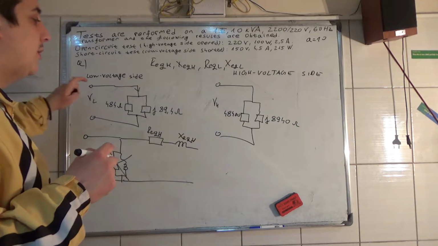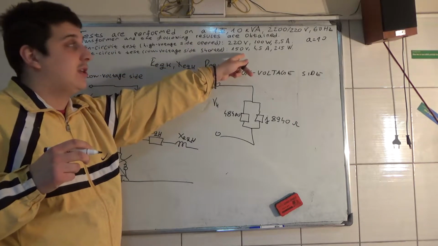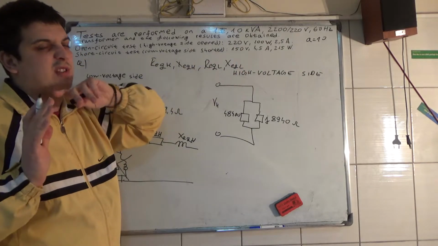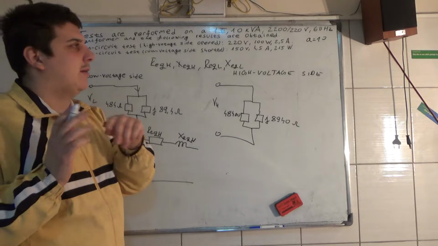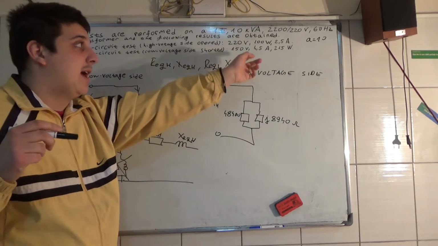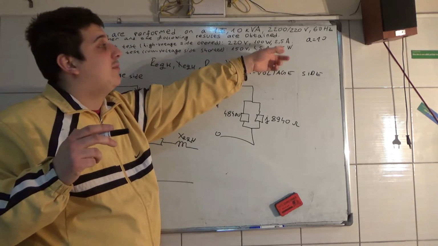Now how do we do that? Well, we know that the voltage here is 150 volts, but that isn't important now, as the current, and we have 215 watts of power.